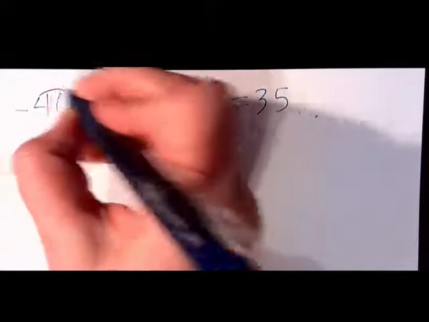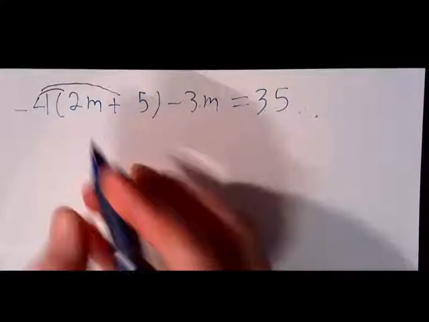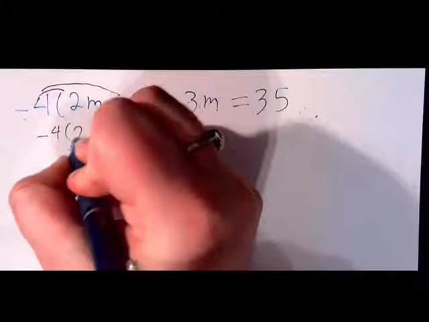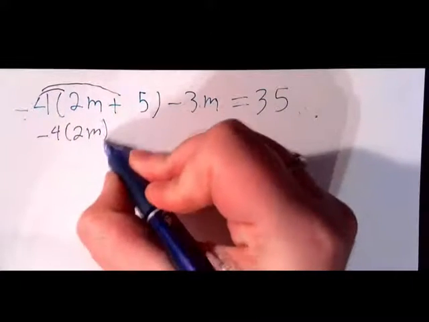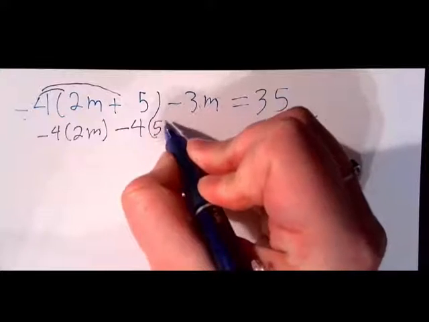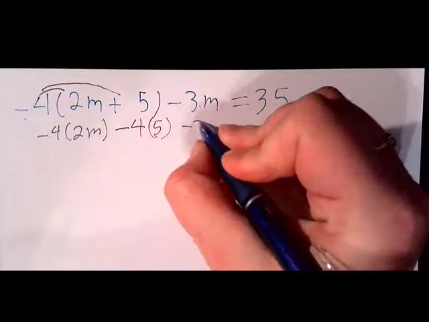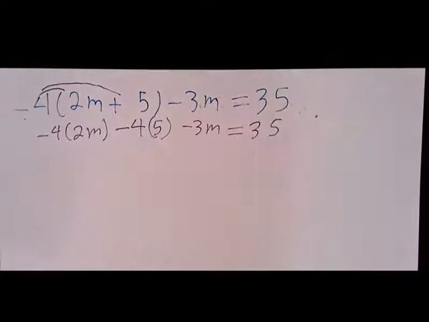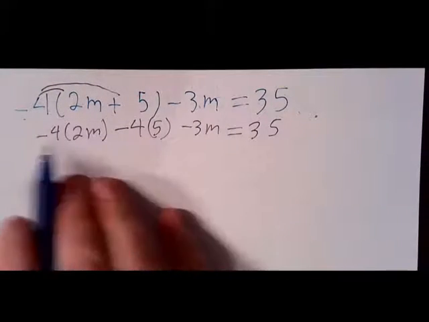So, I'm going to do my distributive property. Negative 4 times 2m minus 4 times 5. Bring down my negative 3m equal to 35. Okay.